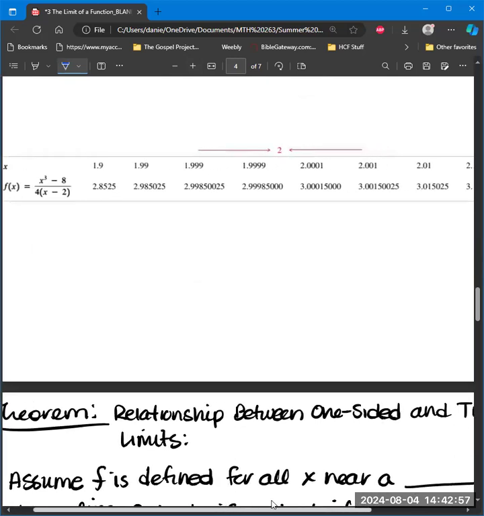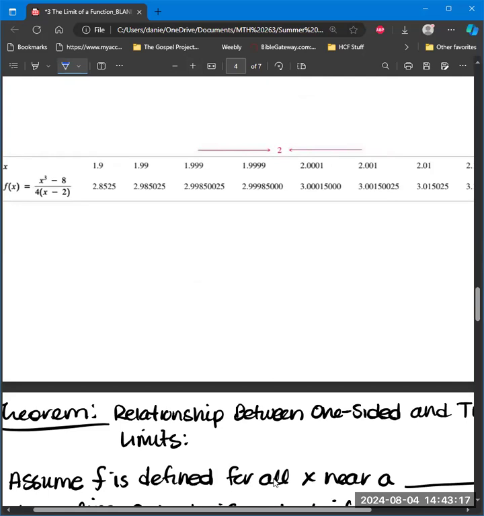So as we get close to 2 from the left and the right, we see that we go 2.8525, 2.985025, 2.998500025, 2.99985, and so on.